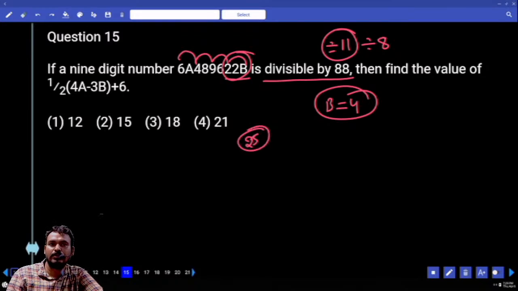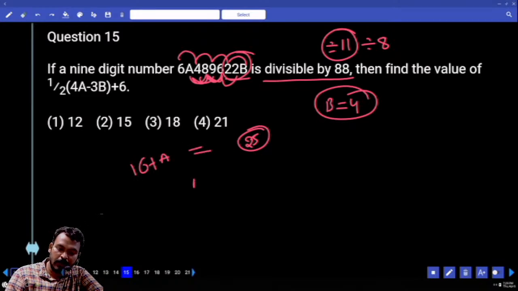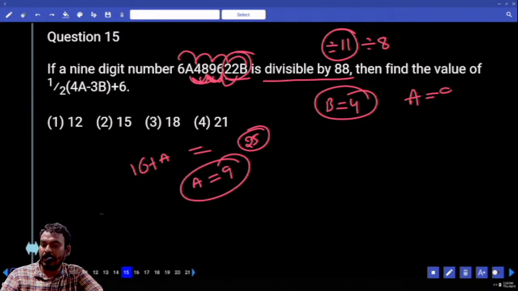The sum of the other digits must also be 25. A plus 8 plus 6, 8 plus 6 means 14, 14 plus 2 is 16, so 16 plus A is equal to 25. A must be 9, so the A value is 9.